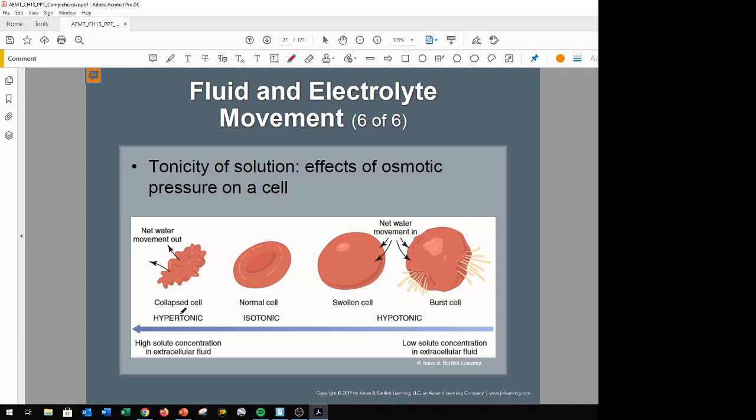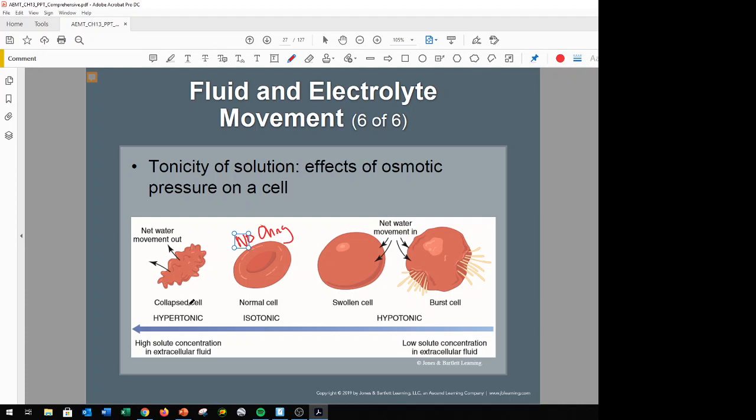Hypertonic solution. A hypertonic solution is an increase in the concentration of sodium.